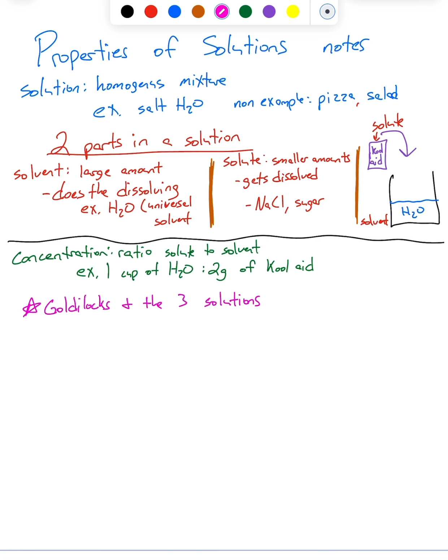There are 3 solutions in this example, and if you remember the story of Goldilocks, that should help you remember too little, too much, or just right. In these boxes, you don't have to draw boxes, we've got unsaturated, saturated, and supersaturated.